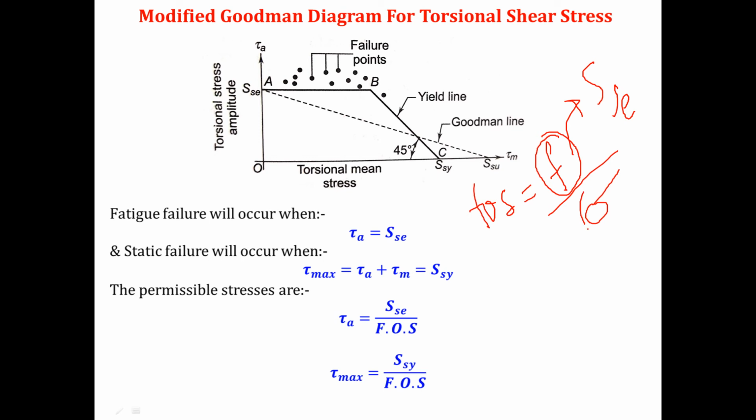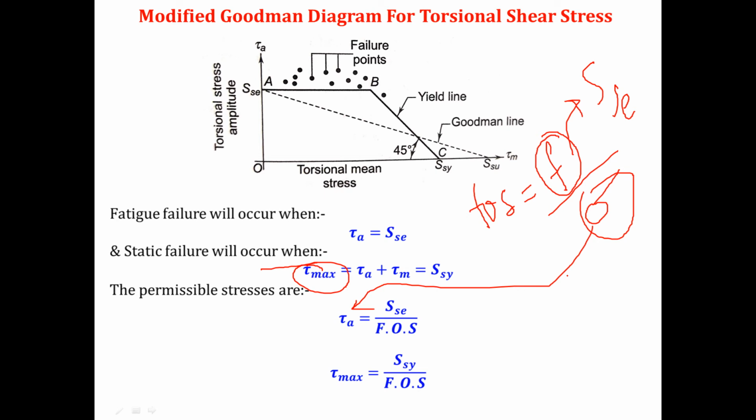And permissible stress, if I talk about fatigue failure, will be tau A, the stress amplitude. In case of static failure, that permissible stress will be tau max. So I can write factor of safety is equal to SSE by tau A in case of fatigue failure, or tau A becomes SSE by factor of safety, and in case of static failure, factor of safety is SSY by tau max, or I can write tau max is equal to SSY by factor of safety.